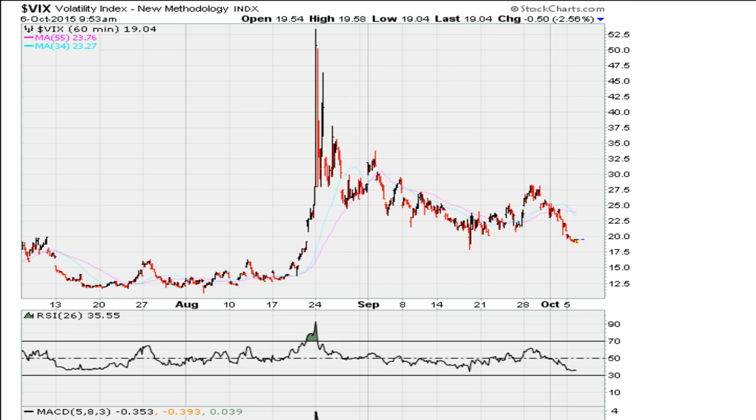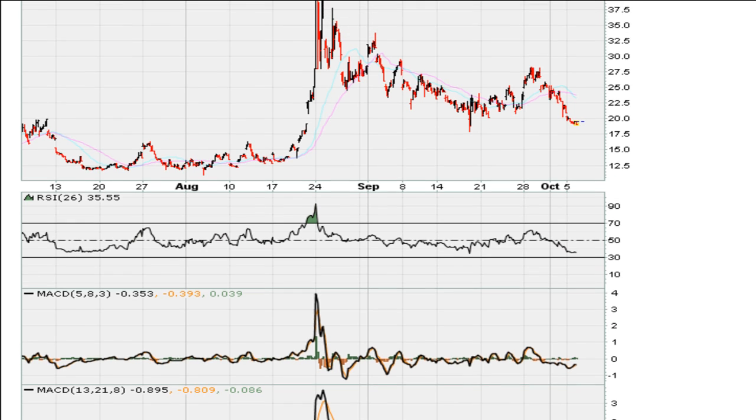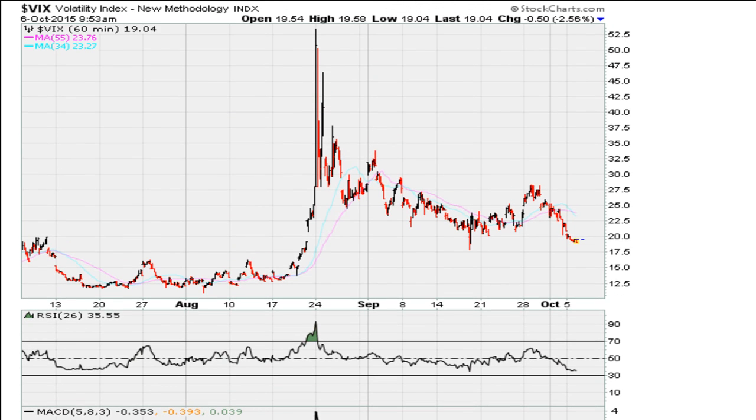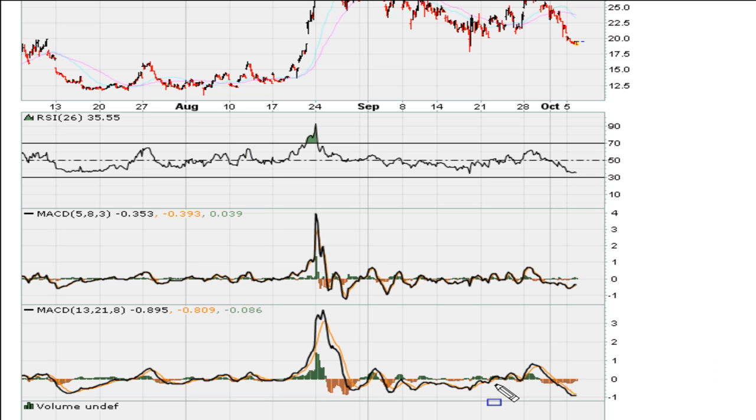And so the question you posed for me was whether the VIX was at support, and my response was actually based on the fact that yes, it has come off the highs. This is the VIX October 6, 2015. But if we use the MACD principle that both MACDs need to be above zero for momentum, you can see here both MACDs are below zero, which means there's no sustained evidence of upside momentum.